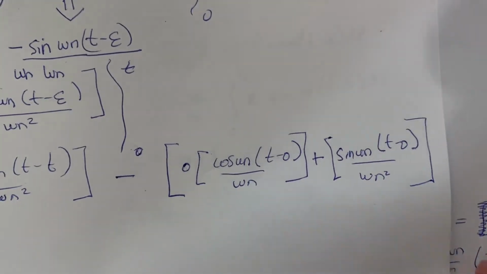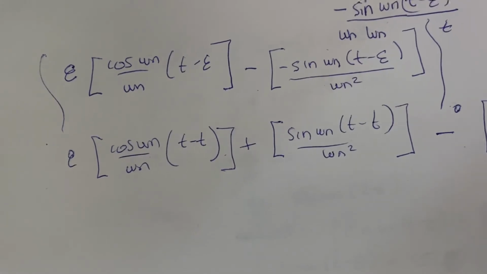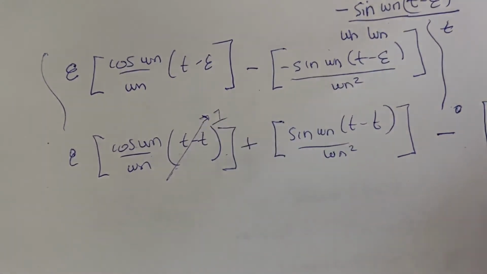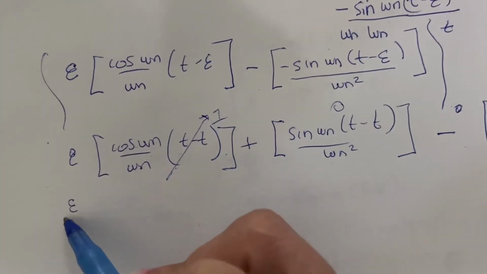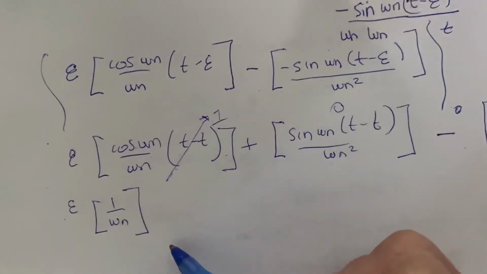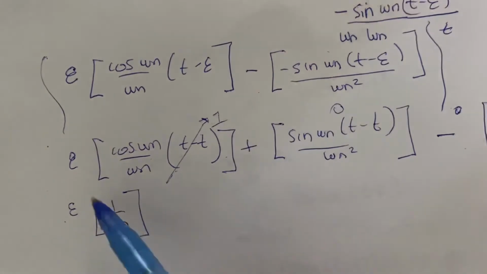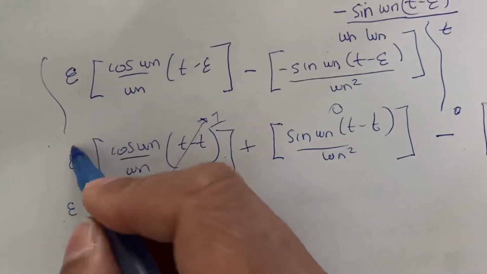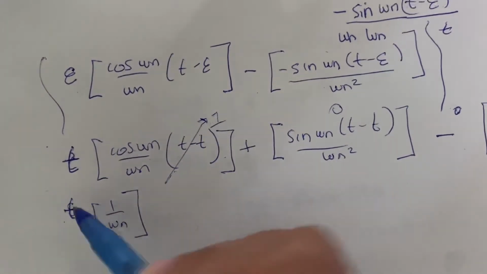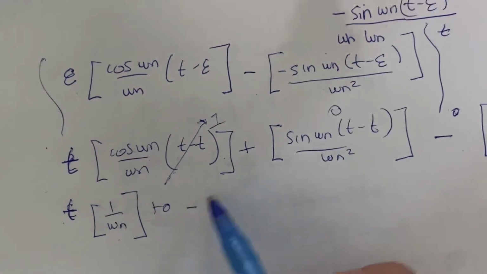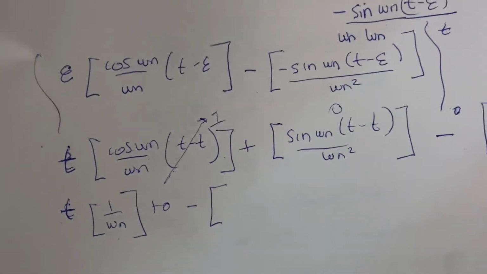So now let's just simplify the whole equation down here. And we're going to get, so notice this is cosine 0, so this goes to 1. Sine 0 is 0. So let's simplify this. Sorry, this should be t, because we need to substitute t on e here. So this is going to be t over wn, and this is 0 plus 0, minus, and let's go to the second part of the integral, which is over here.